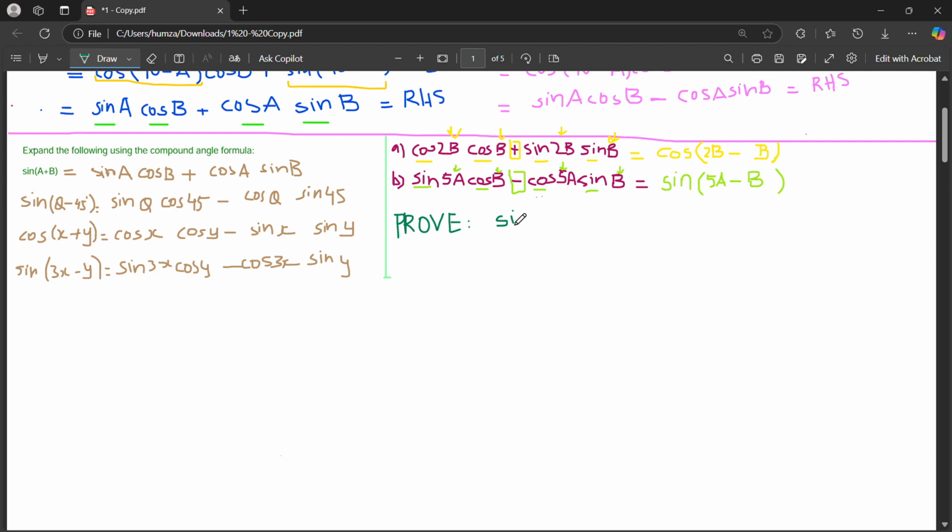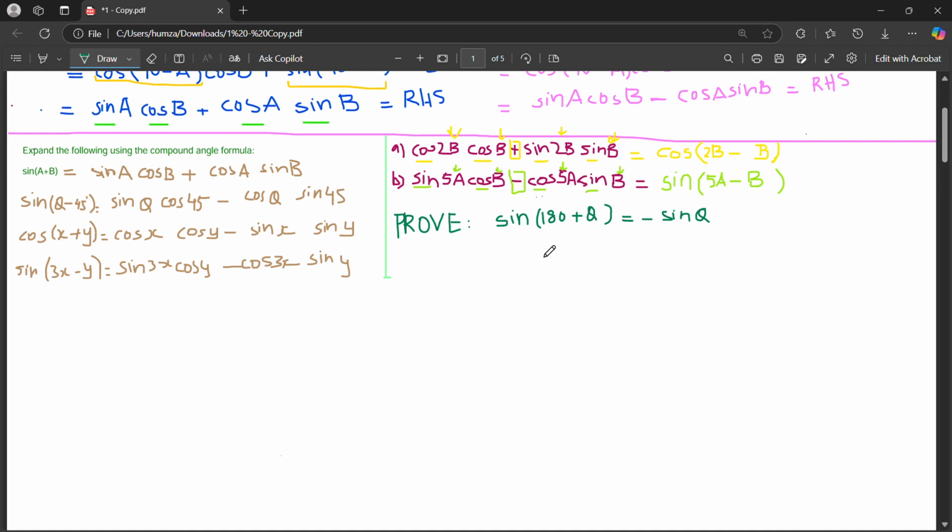So sin(180 plus theta) is equal to minus sin theta. Now we are going to prove that.